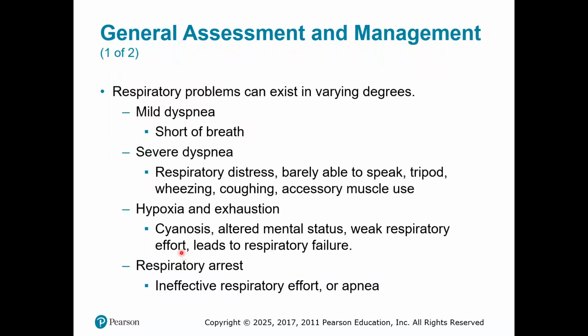We can look here. They give examples of hypoxia and exhaustion. So this is when somebody who's in severe distress becomes exhausted. And I don't know if you've seen it or not, but when somebody tells you that they're too tired to breathe anymore, they mean it. And that's an imminent sign of respiratory failure.